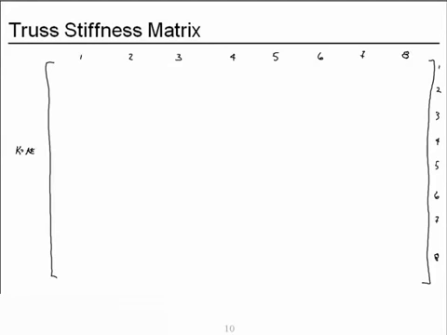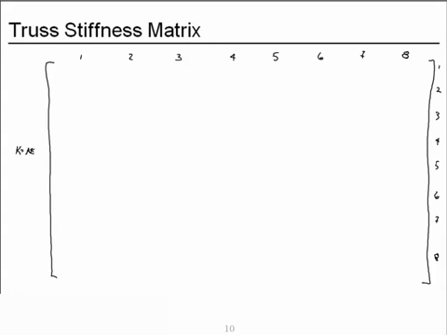So now let's assemble our structure stiffness matrix. There are 8 degrees of freedom to the structure, so our capital K matrix will have 8 columns and 8 rows, each in increasing order of degree of freedom number. All the terms have AE in common, so I've pulled that outside the front.